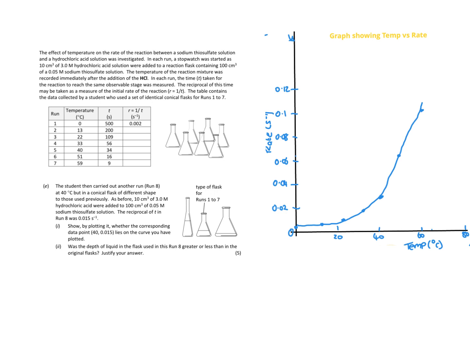So we need to find 40, 0.015, and what you'll find is 40 and 0.015 is here. And I will do that in a yellow colour so we can actually see it better in comparison to the other ones. So show whether it lies on the curve or not.